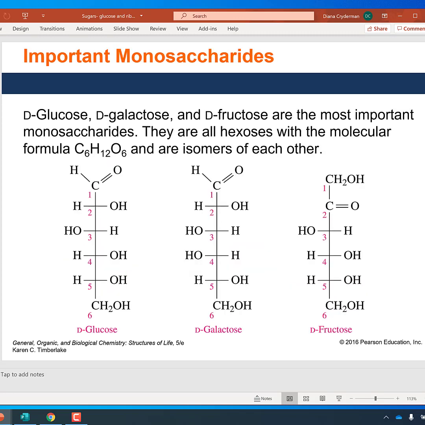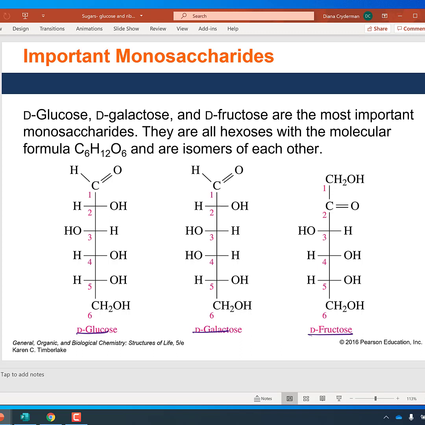And so here are those 3 important monosaccharides that we had lined up a few slides ago, drawn out here. D-glucose, D-galactose, and D-fructose. You can see that glucose and galactose are both aldehydes, but fructose is a ketone. They look really similar.